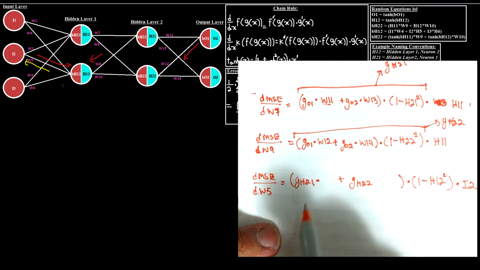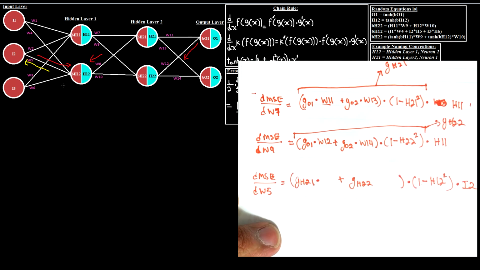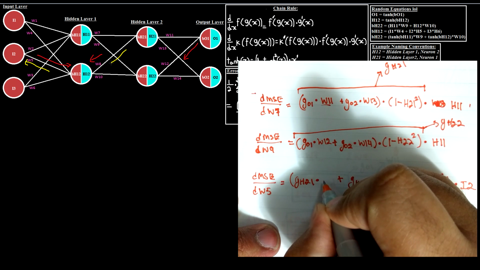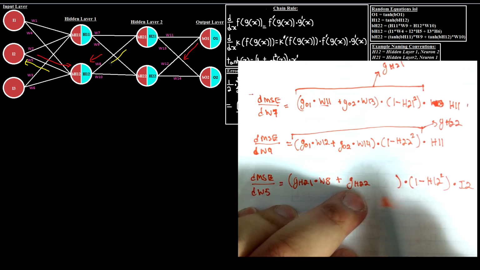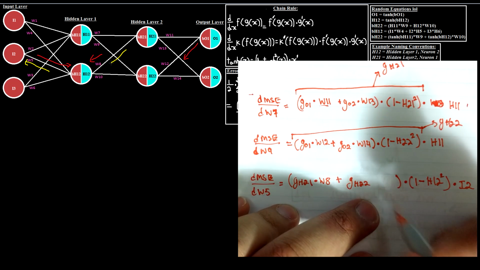So what is the connection to H12 from H21? That is weight 8. What is the connection to H22 from H12? That's weight 10.